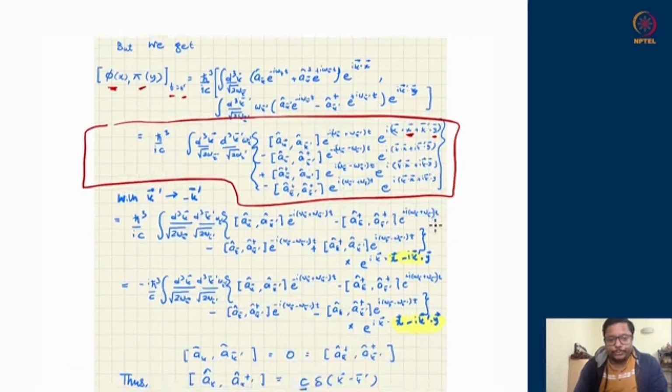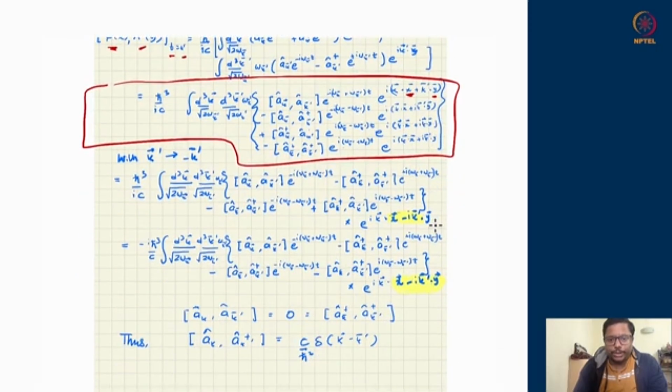Okay. Now one more thing I would do before going ahead, I would just do the integral d3k prime, which is also there here. What I'm going to do is a variable transformation. I'm going to relocate each k prime into minus k prime. So you know the integral measures would not change. So if d3k was running from minus infinity in all its components kx, ky, kz, it will remain the same with a minus sign.